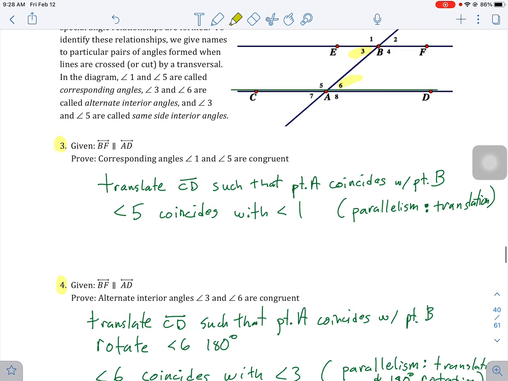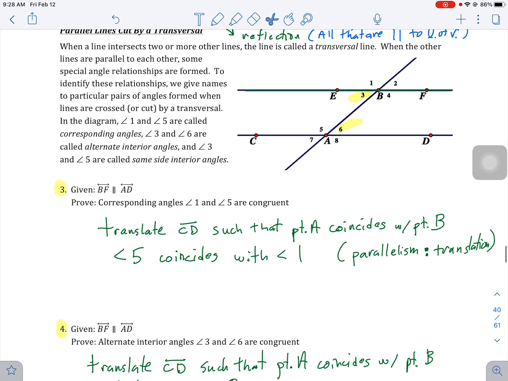And for this one, it's a similar argument where we can translate the AD to BF, but we're also going to do a 180-degree rotation.